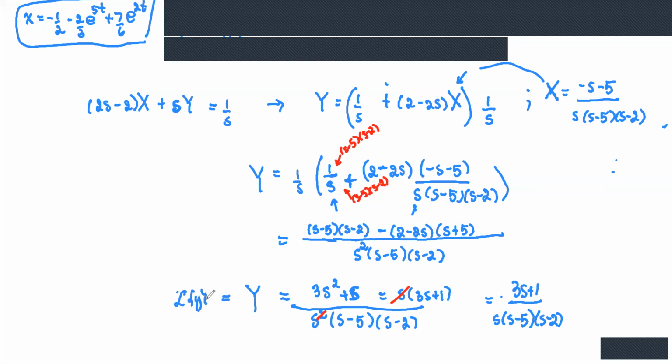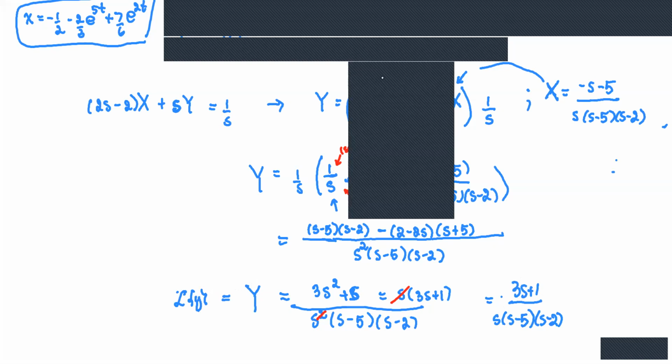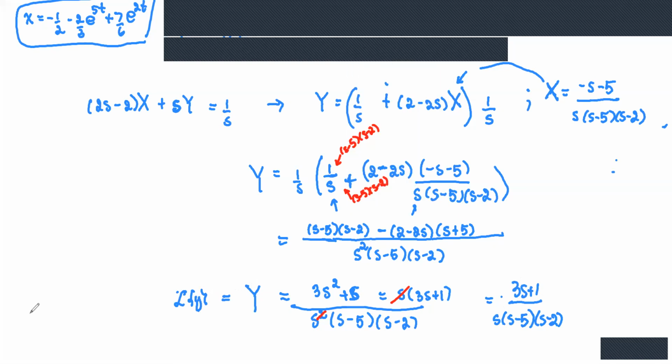That means the last step, the last process, we're gonna do the inverse Laplace. So we're gonna find the inverse Laplace of the capital Y to get the lowercase y out. That means we're gonna find partial fractions again.